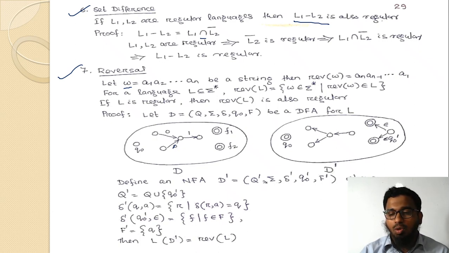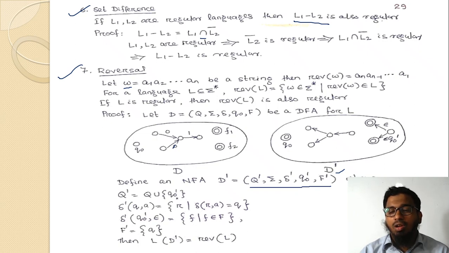D dash is equal to q dash, sigma, delta dash, q0 dash, f dash. When we take this D dash, we get these tuples. What is q dash?